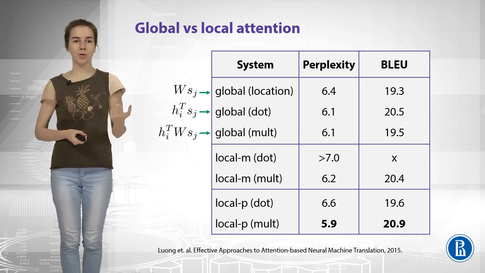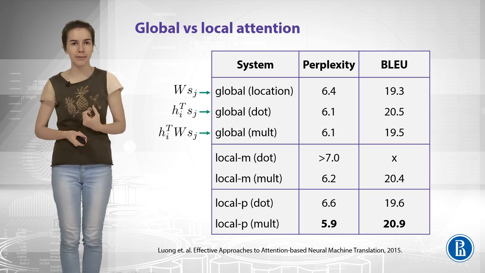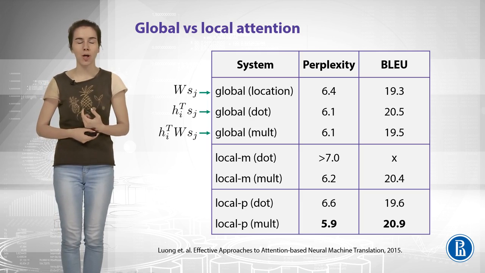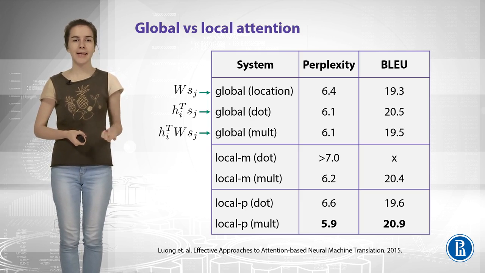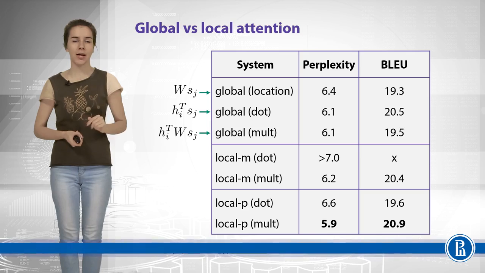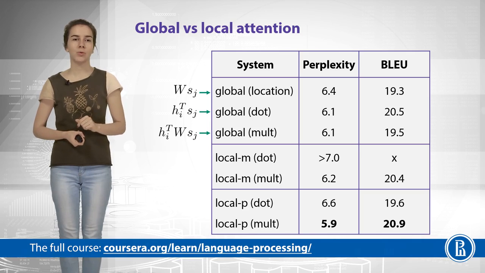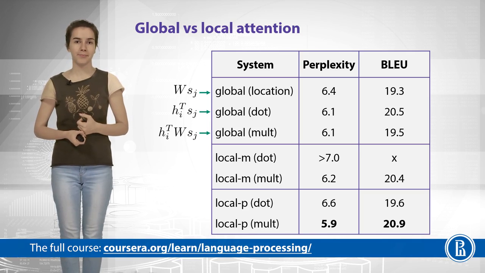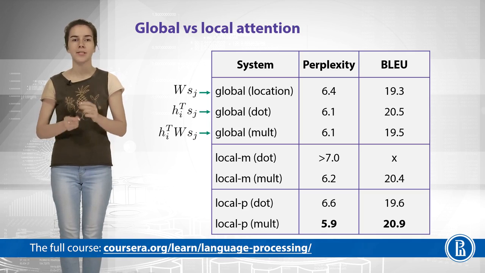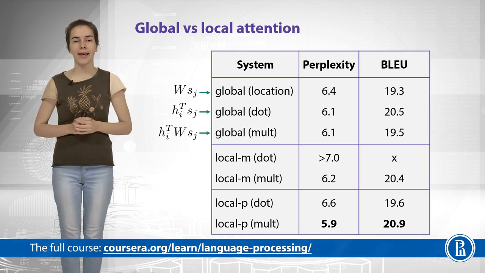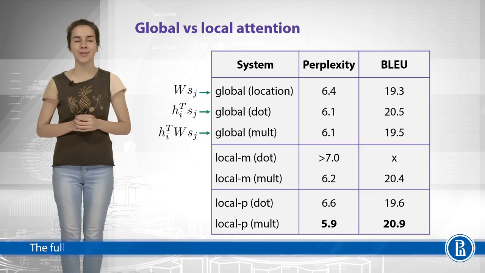So you remember dot product and multiplicative attention, and also you could have location-based attention, which is even more simple. It says that we should just take s_j and use it to compute those weights. Okay, this is all for that presentation, and I'm looking forward to see you in the next one.